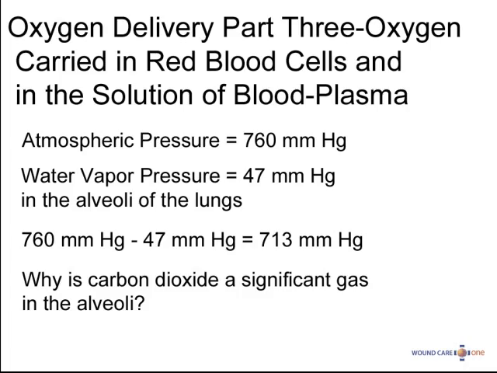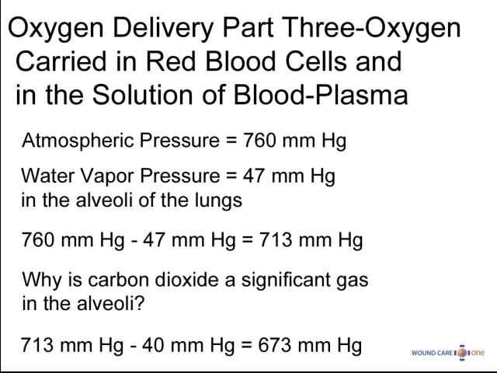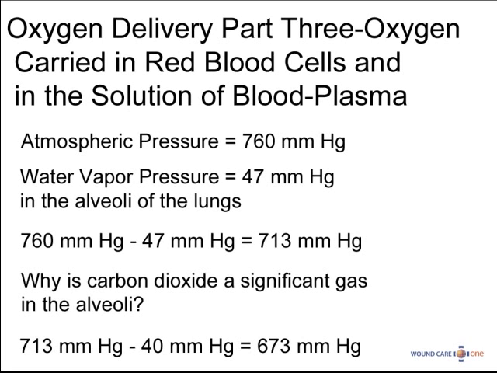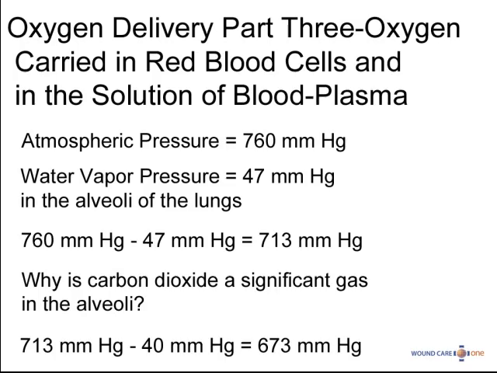How this is known will be discussed in another lesson, but for now, just accept it as a known value. 713 millimeters of mercury minus 40 millimeters of mercury pressure, the partial pressure of carbon dioxide, leaves 673 millimeters of mercury pressure. The remaining gases in the alveoli contribute a total of 673 millimeters of mercury pressure.